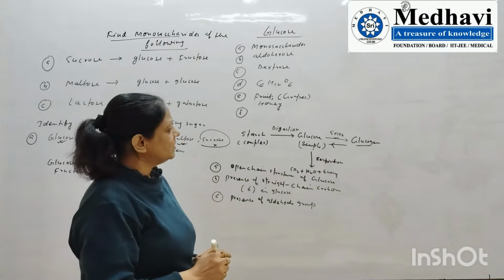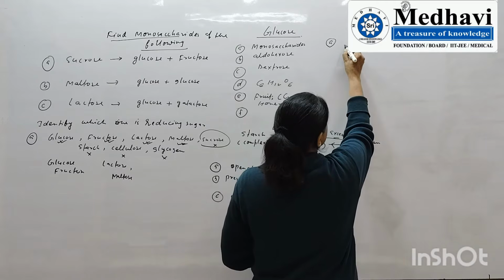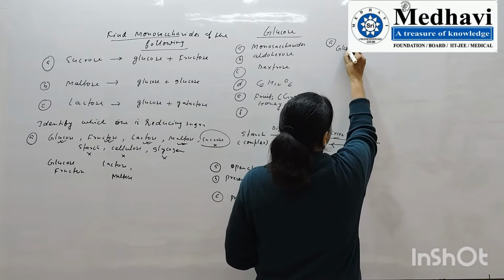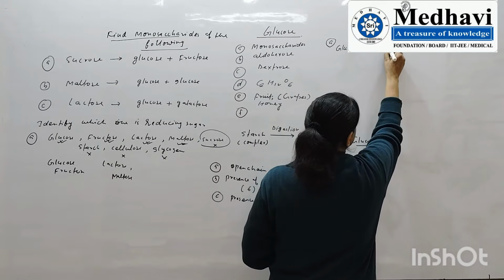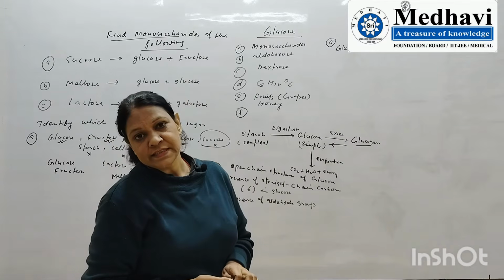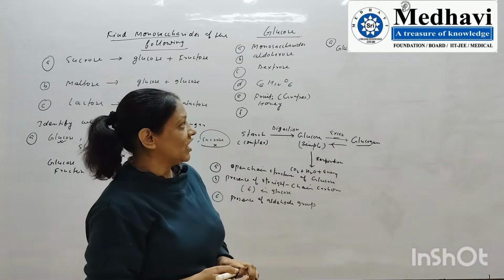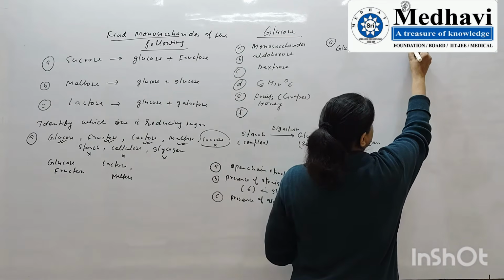So, the first point: when glucose is heated continuously with hydrogen iodide, HI, then a hydrocarbon is produced, that is hexane.